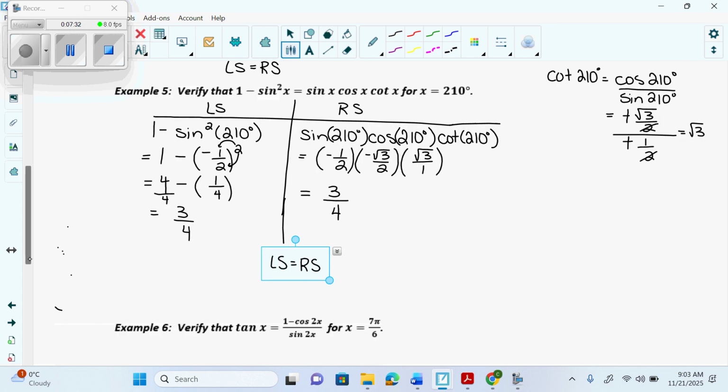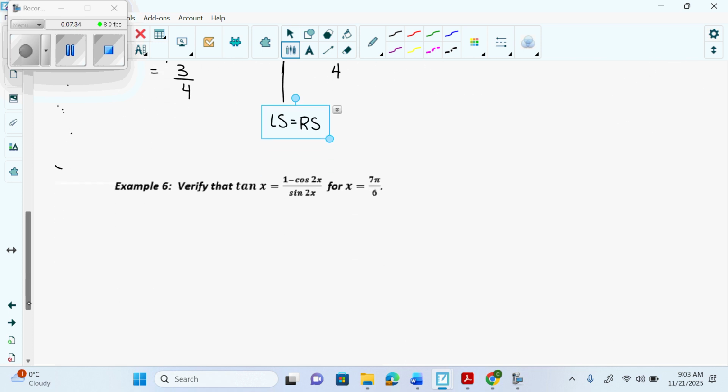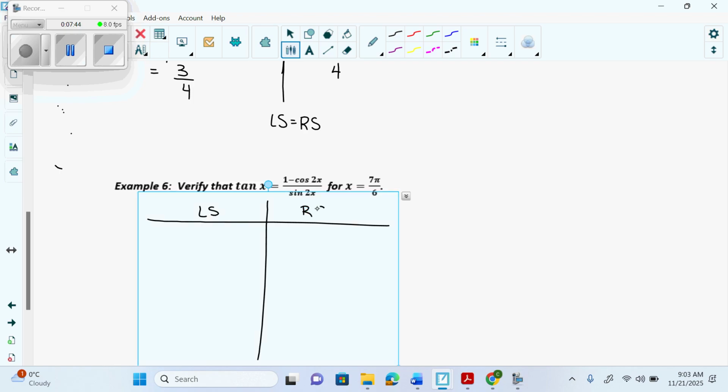Okay, we're going to do this one because it has a double angle in it, and then I'm going to let you guys work on some. So we get LS, RS, and we get tan of 7 pi over 6, which is 210.